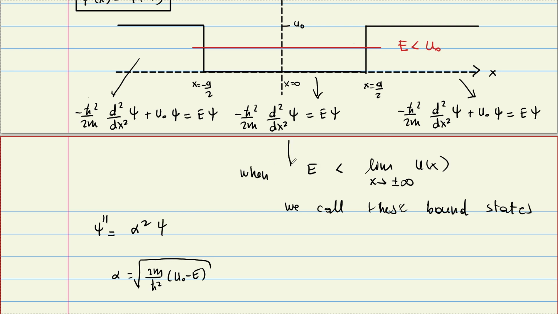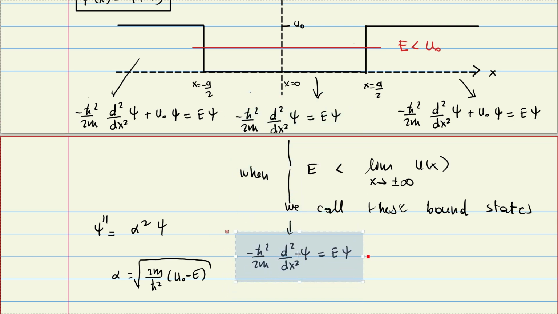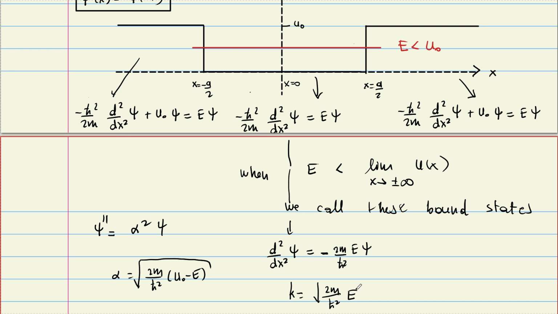Now, similarly, in the second region, I can write exactly the same equation, right? Let's write and manipulate if you are feeling uneasy about it. So I'm going to take this E, which is positive, right? It is between 0 and U naught, and I can multiply with 2m over h bar squared and erase this, and I can pull this minus sign to here and erase this one, and I can call this k squared equal to 2m over h bar squared E, and I can erase this one and write k squared, and this is the second derivative.